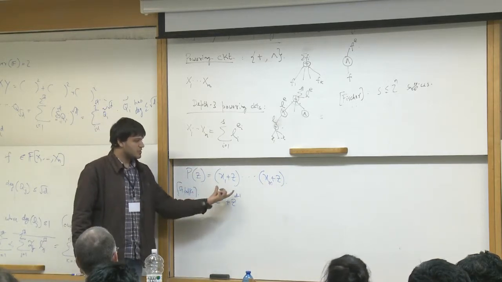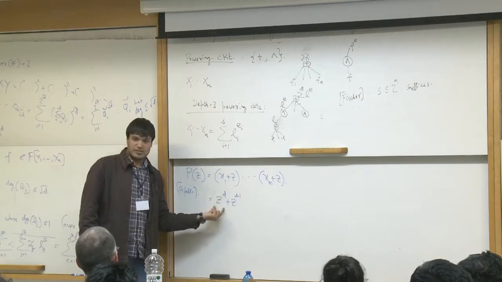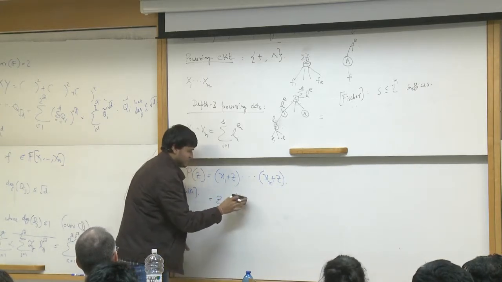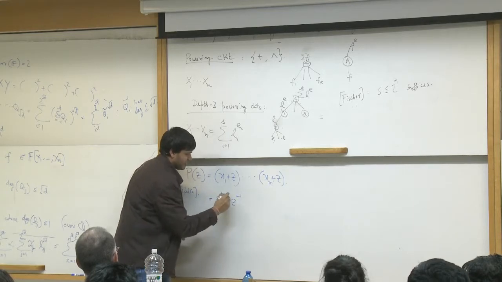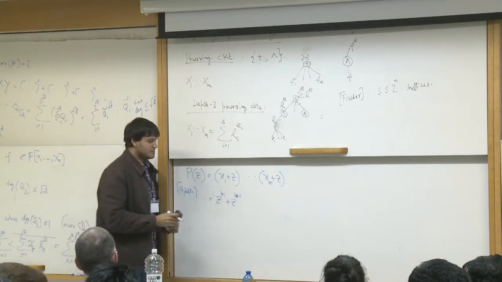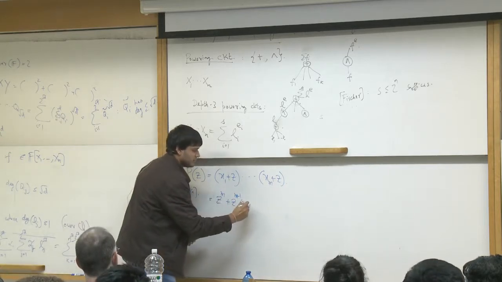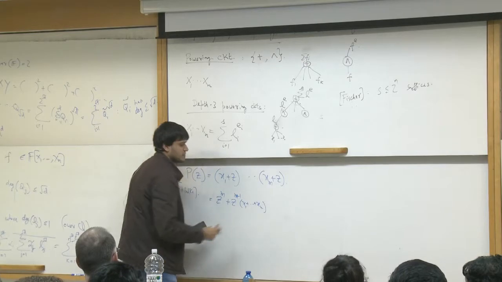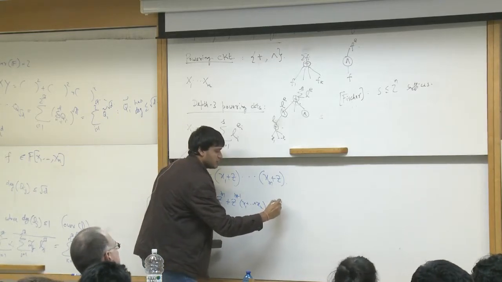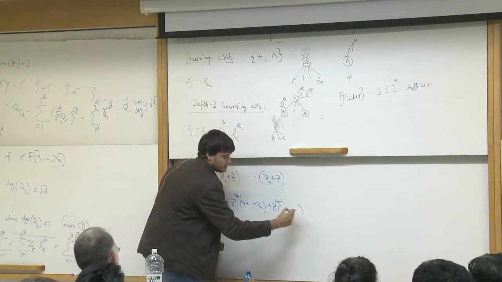So this polynomial is z to the m plus z to the m minus 1 times (x1 plus up to xm) plus z to the m minus 2 and other lower degree terms.